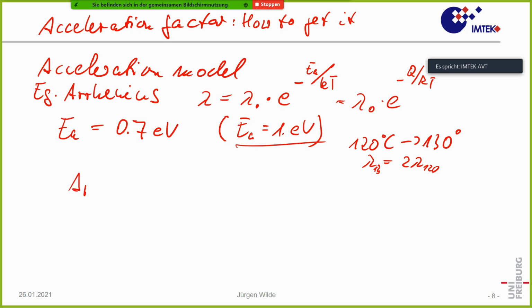Again, the acceleration factor is just the relation between two failure rates, or you could write it on the basis of the Arrhenius curve. It's e to the power of minus EA divided by kT1 plus EA divided by kT2.